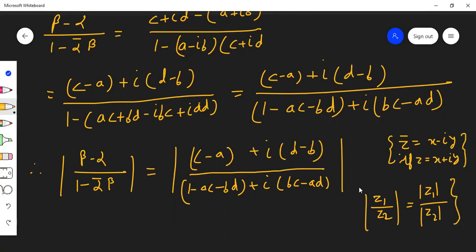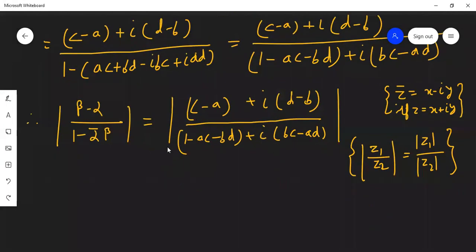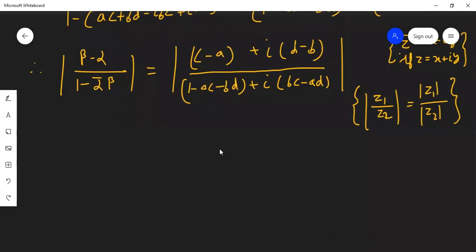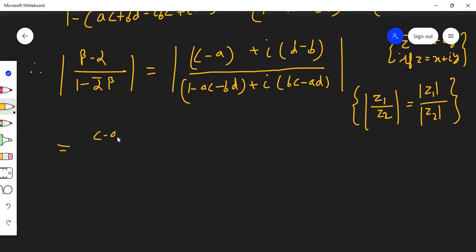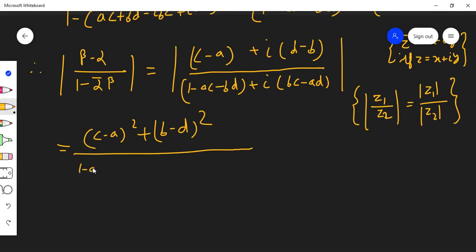We have used this formula. Now, the modulus of this means again the real part squared plus the imaginary part squared. So we are getting it: (c minus a) whole squared plus (d minus b) whole squared, divided by (1 minus ac minus bd) whole squared plus (bc minus ad) whole squared.